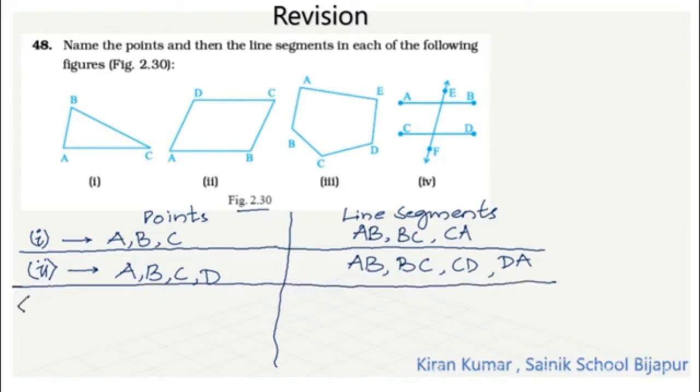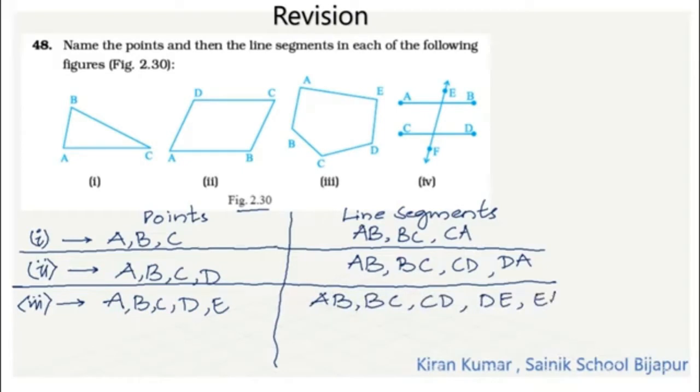For the third one we have the points as A, B, C, D and E, and the line segments are AB, BC, CD, DE and EA.